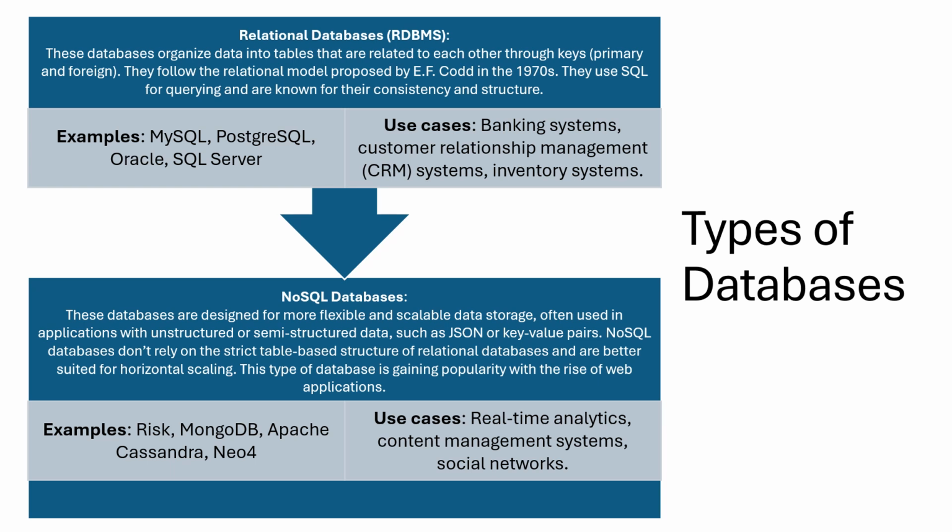One thing about the NoSQL databases, they are designed to be more flexible and scalable because of the high data storage. Also, the NoSQL databases are gaining popularity because of a lot of the different web applications. As you see, some of their common uses are social networks.